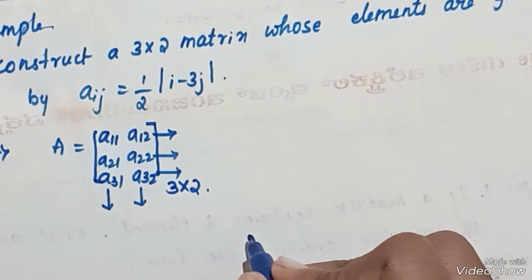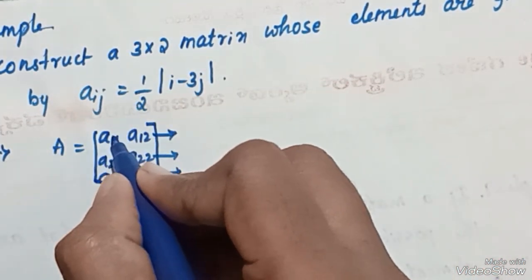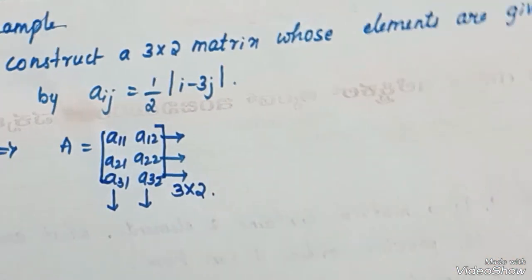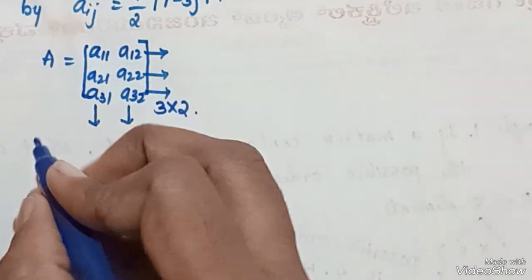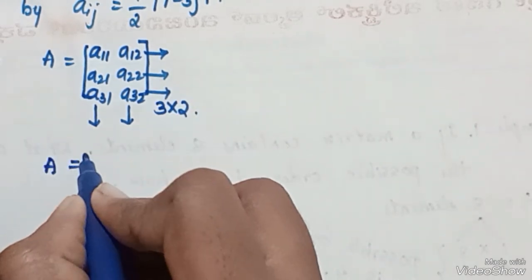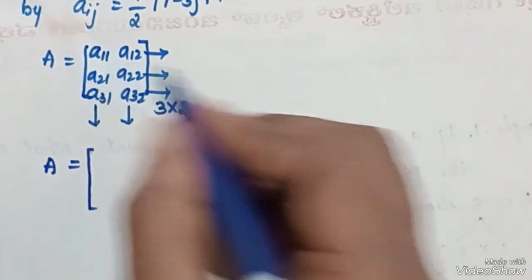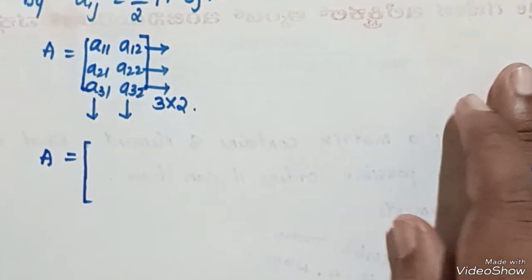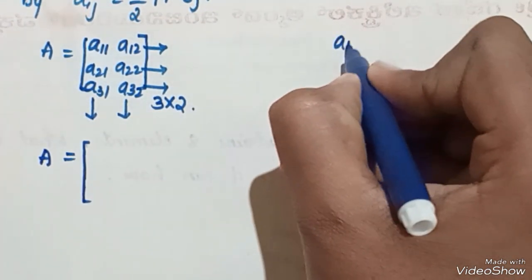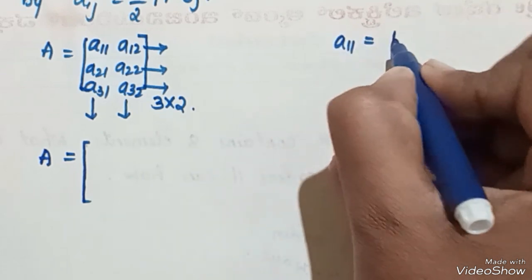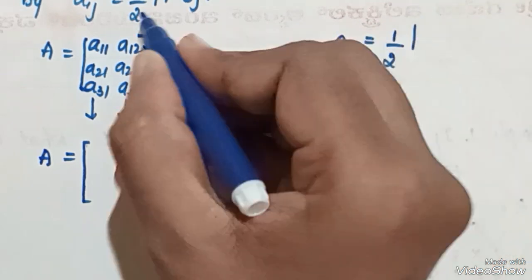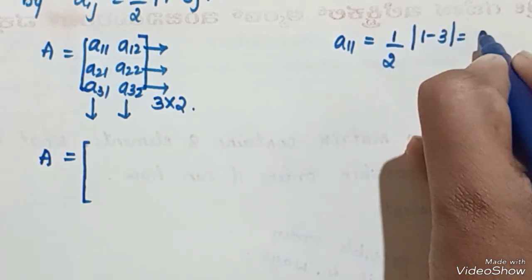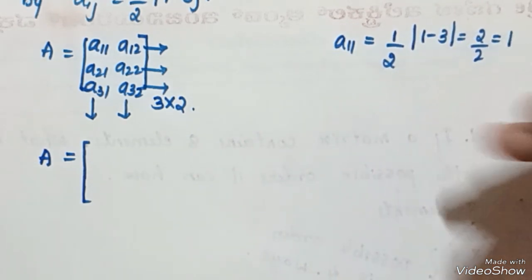Now substituting the values of i and j, we get the elements. First, A11 equals 1 by 2 times modulus of 2 minus 3, which is 2 by 2, that is 1.